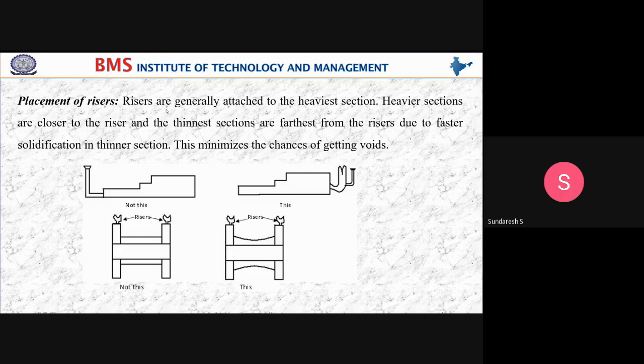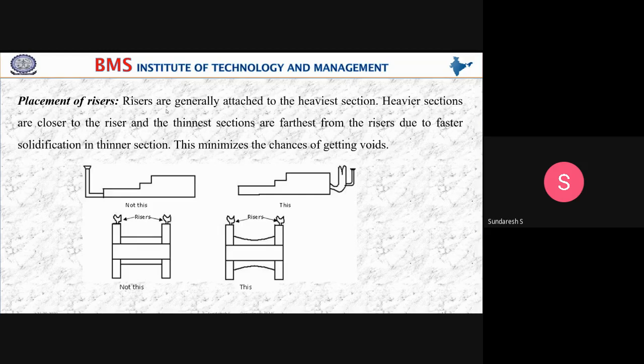One of the most important aspects in design regarding the placement of risers in casting components is this. When you start pouring molten metal, it flows across the mold cavity, and wherever the sections are very thin, they will start solidifying. The thicker sections will take some time to solidify.